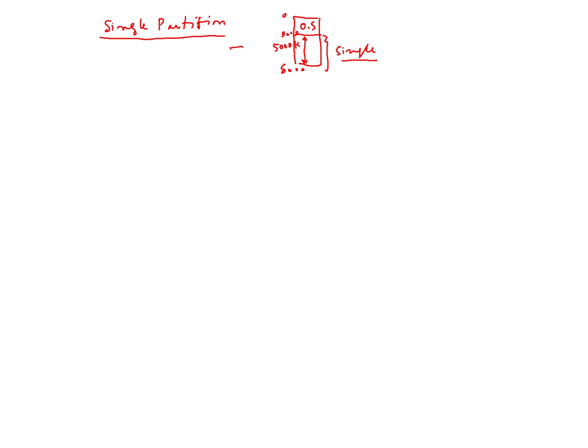Now suppose one process has come here, and it is maybe only 1000 K long. What will happen is that a portion of the memory is allocated to this, while the remaining portion is wasted.